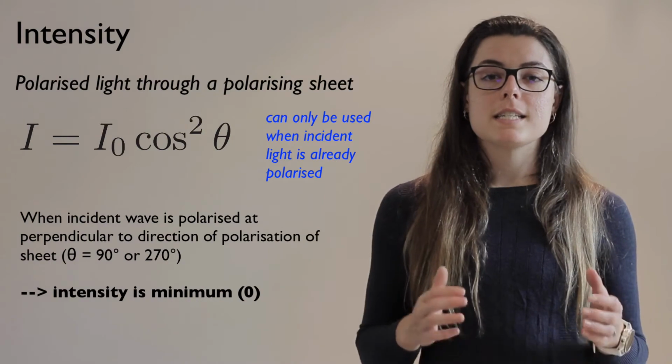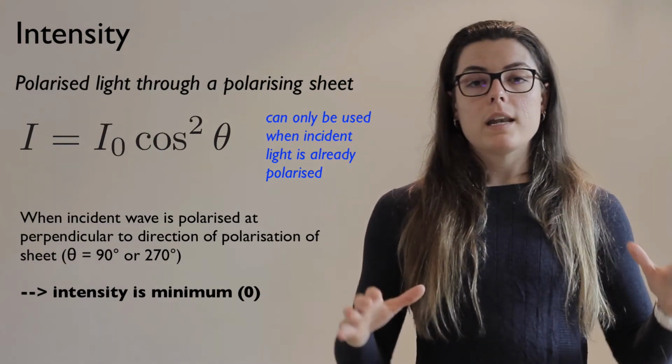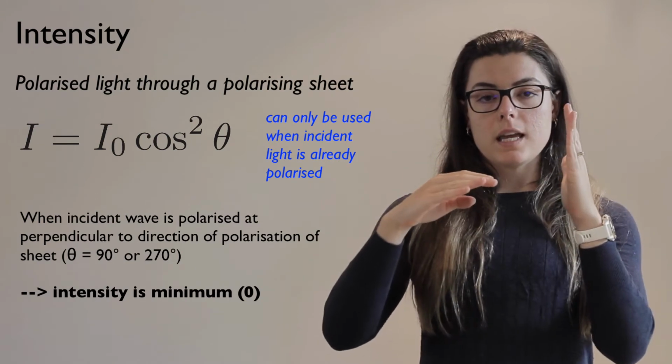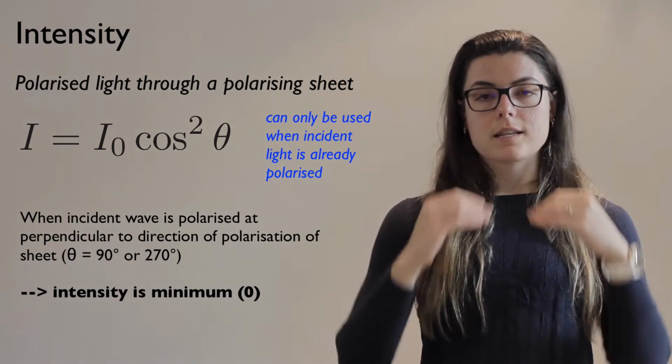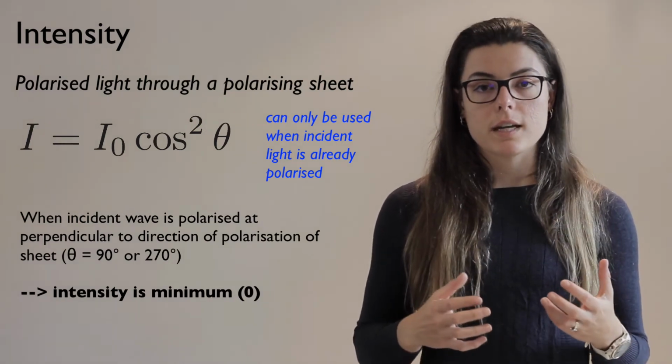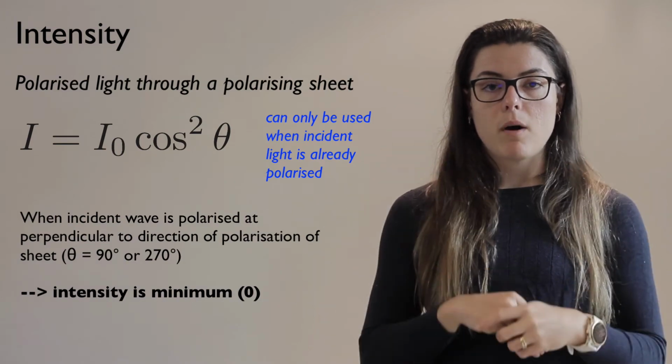The transmitted intensity is going to be 0, or a minimum, when the polarization direction of the incoming light is at 90 degrees, a right angle, to the direction of polarization of our polarizing sheet.